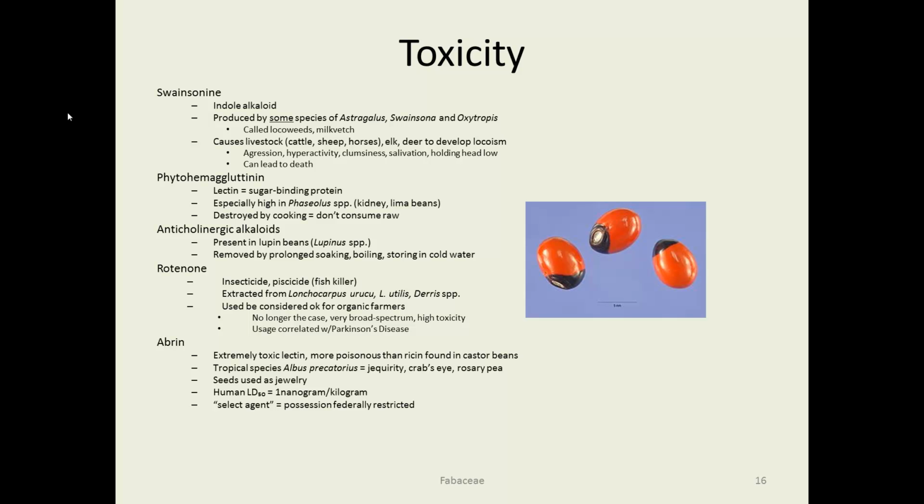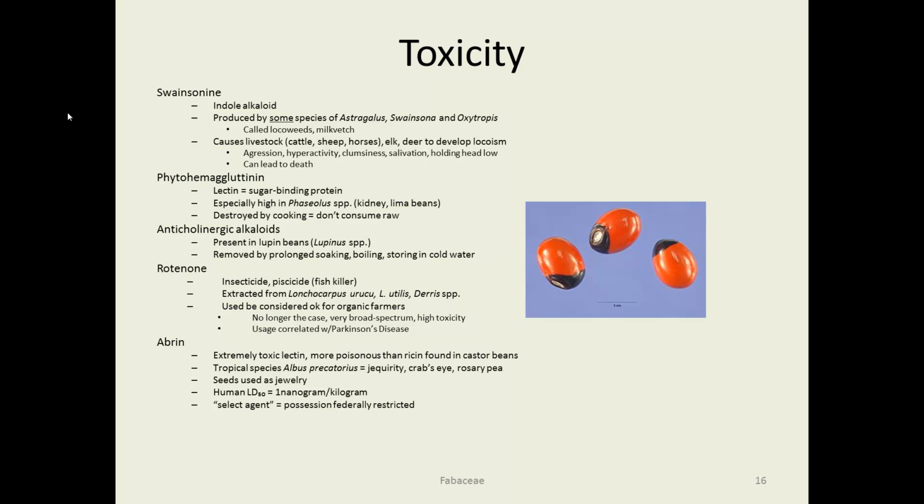Lupin is what we think of as a flower, but in some areas it's actually grown to produce a meal for animals and for some human consumption. The humans that are used to eating it know that they need to go through quite a prolonged process of soaking and boiling and storing it in cold water, considerably more than what you do to just cook a bean like a kidney bean. And occasionally people that don't know that find out that these alkaloids can cause great regret.